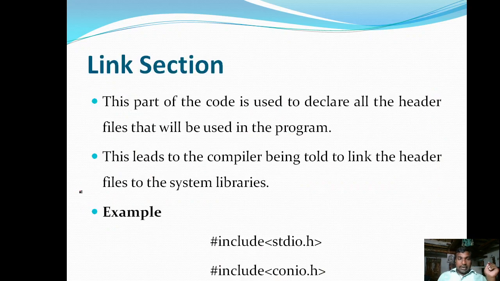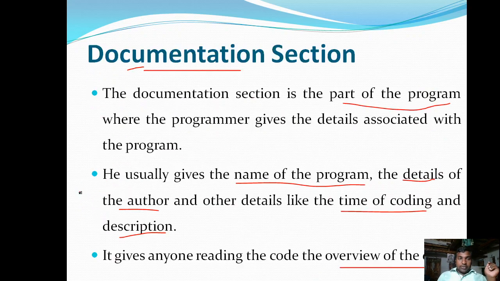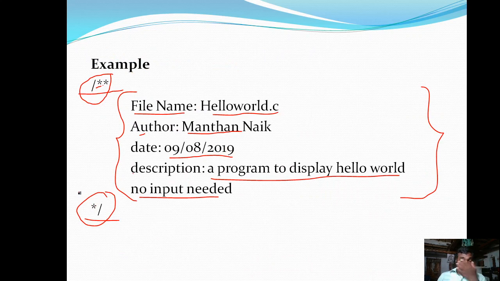One more thing that I had forgotten: this documentation section can be included in the program in two ways, with the help of comment lines. These comments can be of two forms.